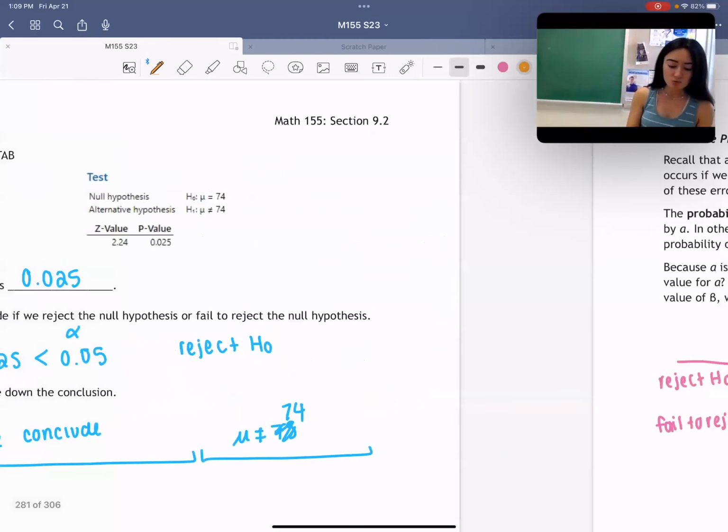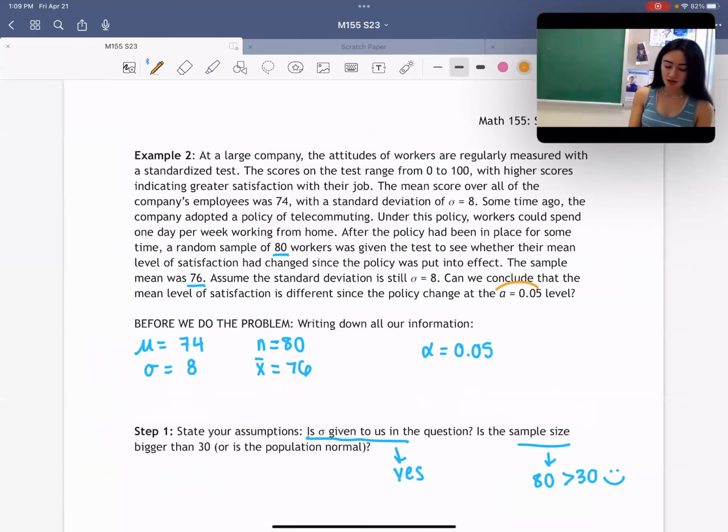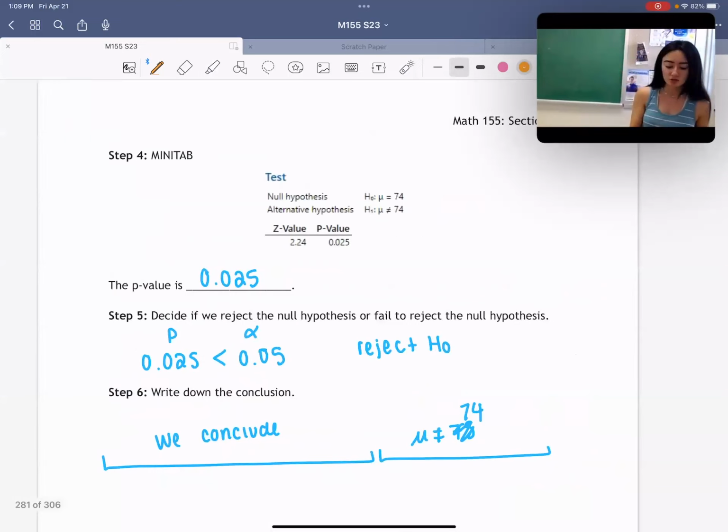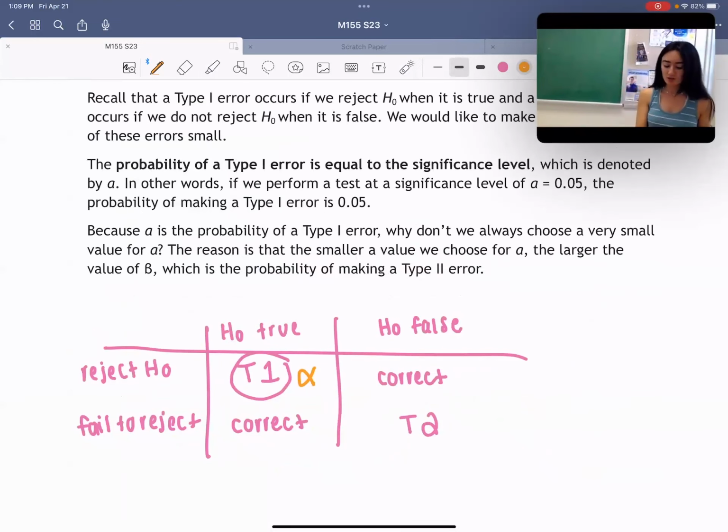And that's why, when you look at these questions, alpha is always a really small number, right? It's always 0.05 or maybe even 0.01. It could be 0.1, but it never goes over 0.1, right? It's usually a very small number, okay? Which makes sense, right? We don't want to make a type 1 error. We want alpha to be really small, right?